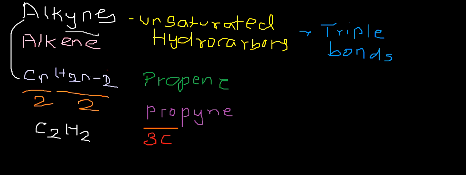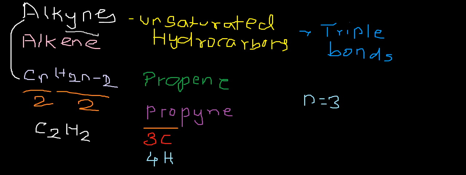Hence we can derive the number of hydrogen atoms from this formula. We have n equal to 3. Therefore we will get hydrogen atoms equal to 2 times 3 minus 2, which is 6 minus 2, equal to 4. So we will get 4 hydrogen atoms.